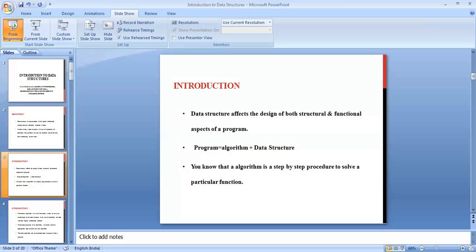Here we have a finite number of elements: 20 elements, 10 elements, 30 elements. Initially, we fix the size of an array. And here we store only homogeneous elements, same data type: only integer, only float, only character.